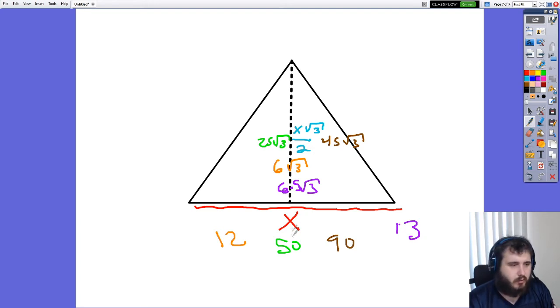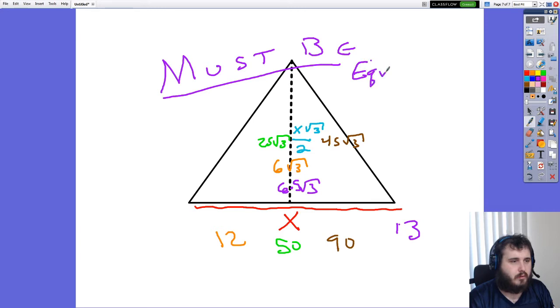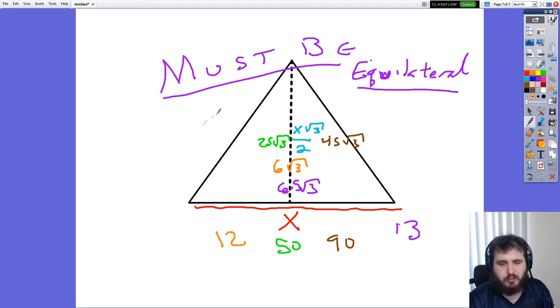And that'll get you the height of the triangle given the base, as long as this must be equilateral. Alright, this must be equilateral in order to be able to do this.